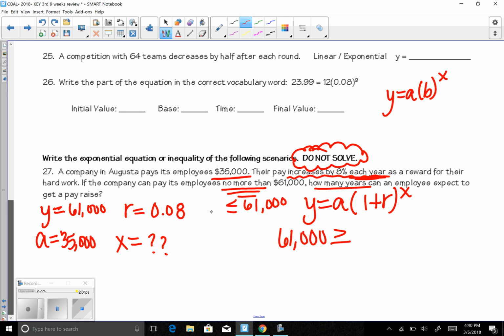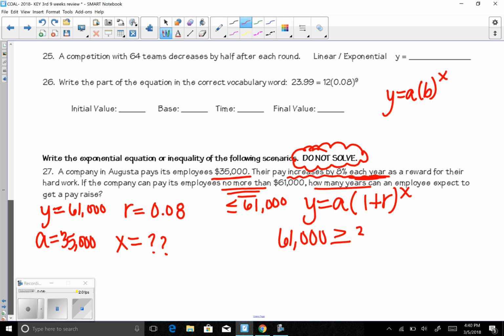If I move the 61,000 to the front, I would switch the inequality sign. Just think of it, if this is eating the 61,000, we kind of sometimes think it looks like an alligator, right? So if your inequality is eating the 61,000 when it's on the right, it needs to eat it when it's on the left too. So less than or equal to 61,000 is the same thing as 61,000 is greater than or equal to something else. Okay, so we just switched the order.